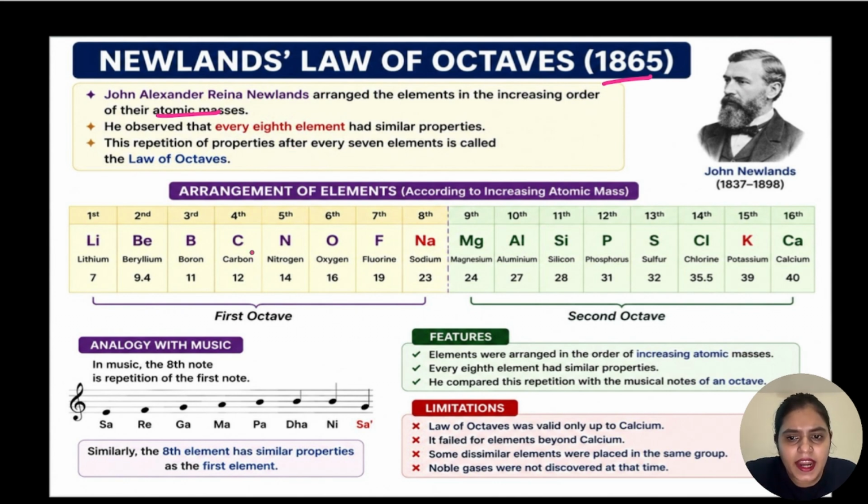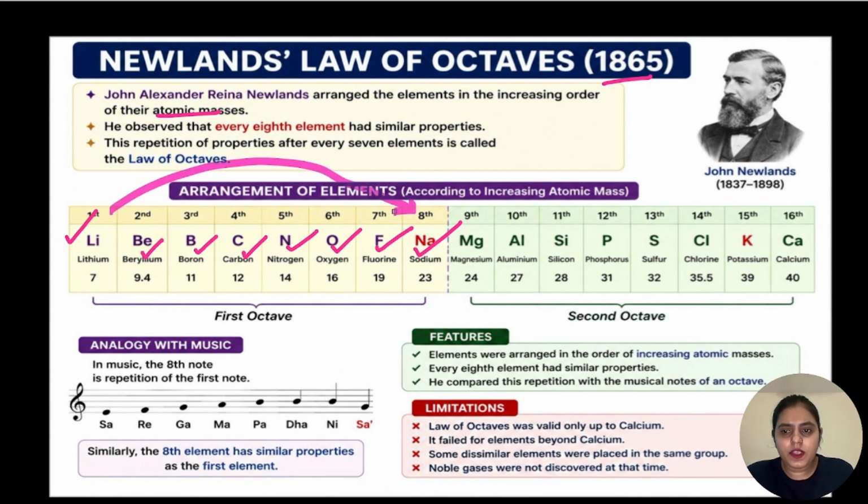Let's understand this with the simple table shown here. Okay, so if we start counting from lithium: beryllium, boron, carbon, nitrogen, oxygen, fluorine and sodium. Notice that sodium is the 8th element after lithium, right?